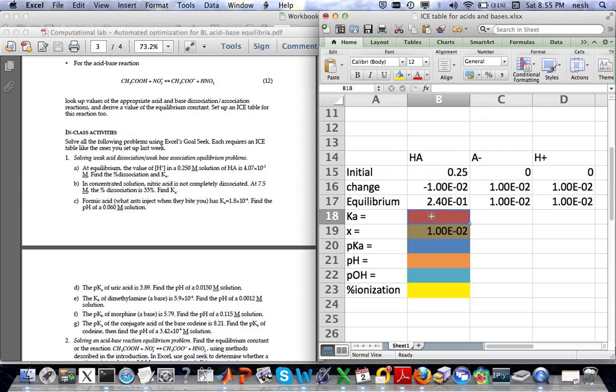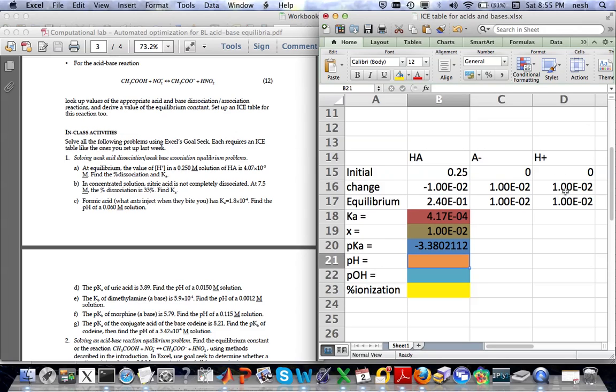Okay, I think for Ka, that must be equal to the H plus concentration times the A minus concentration, all divided by the equilibrium HA concentration. That looks good. How about the pKa? Well, that's just equal to minus the log of the Ka, so I'll enter that in. And well, why don't you give those next two a shot.